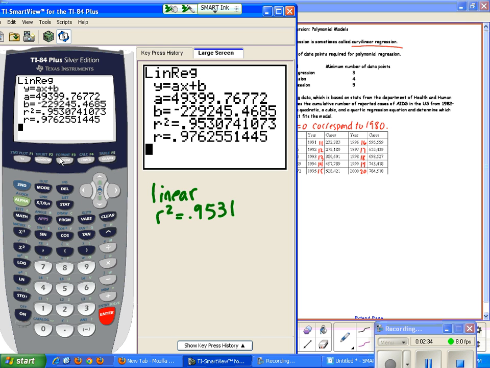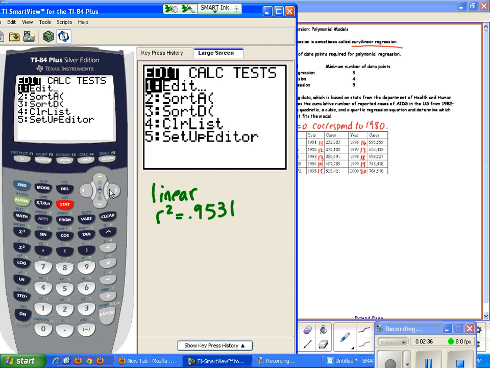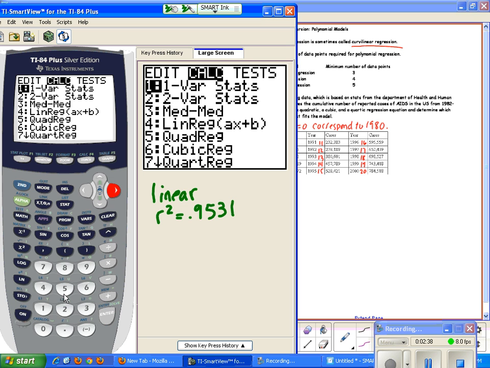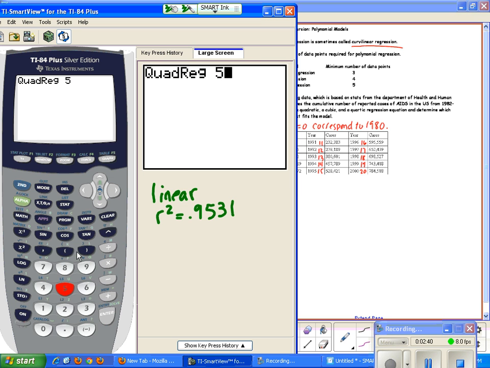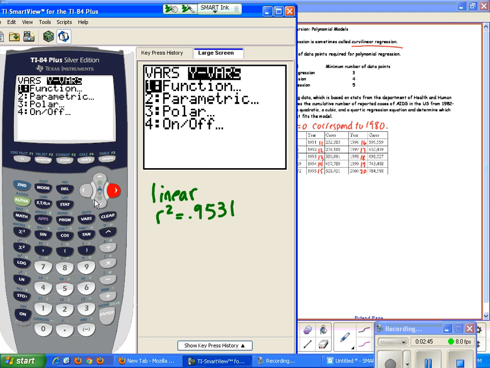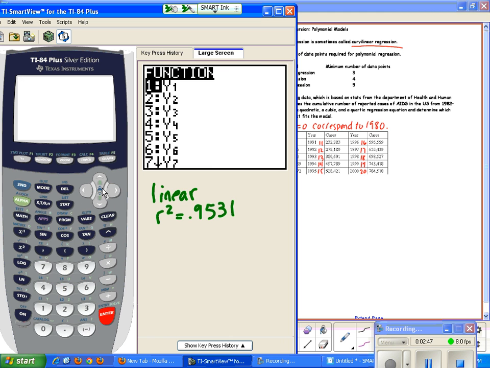Now I'm going to go ahead and do quadratic, and I'm going to put this into y2.